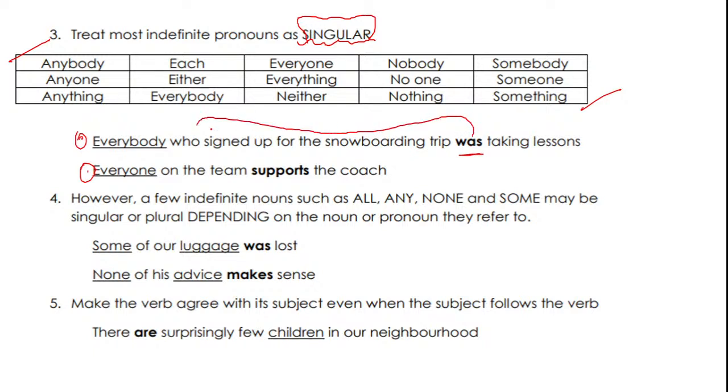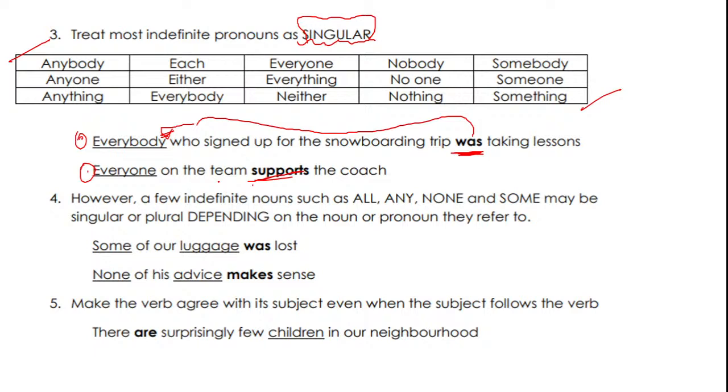Everybody who signed up for the snowboarding trip was taking lessons. So here everybody, which is an indefinite pronoun, has been treated as singular. Hence the verb we took here is was. Everyone on the team supports the coach. So here you can clearly see the relationship between everybody and was, everyone and supports. So this is nothing but rule number 3, where we are making the verb and subject agree, right?